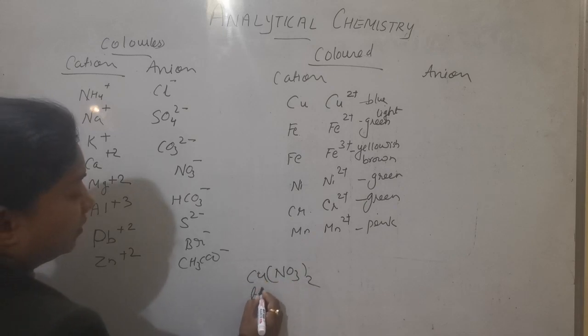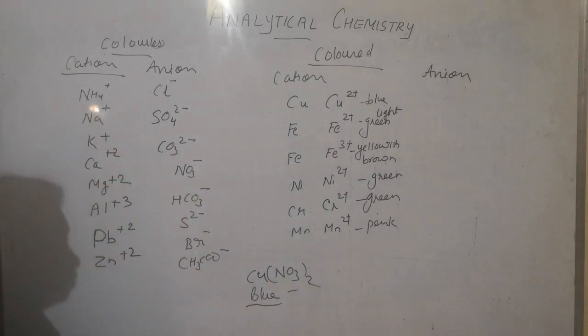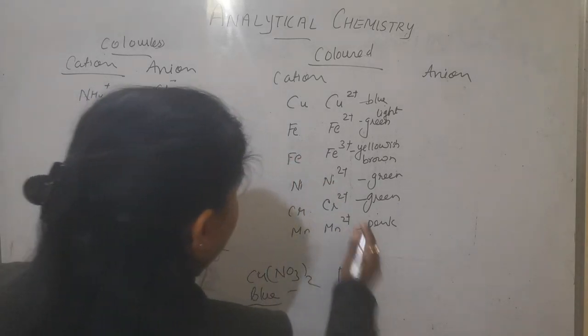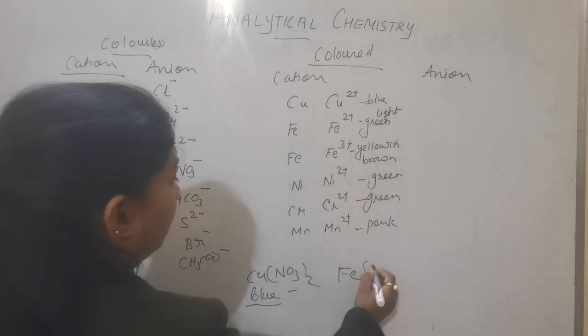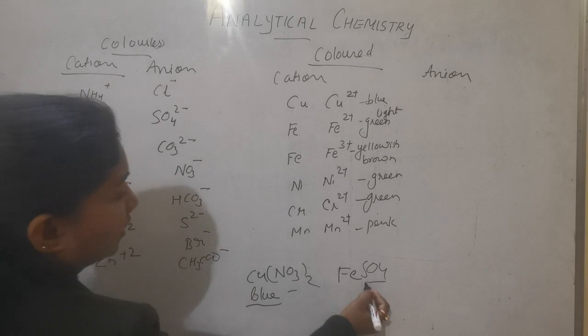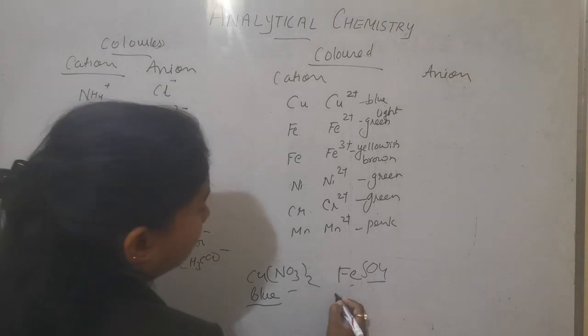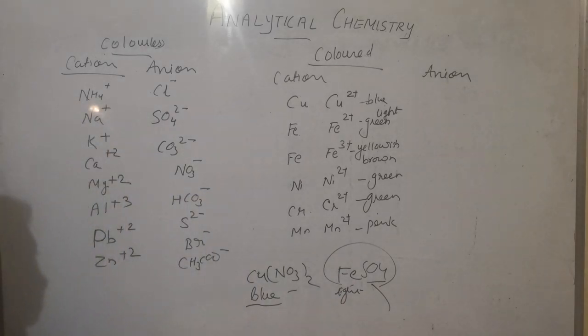So this copper has blue color, so the resulting solution will be blue in color. Similarly, if you combine this ferrous, in ferrous iron is in +2 state, so ferrous sulfate, and from this table we know that sulfate ion is colorless and this ferrous is light green in color. So the resulting solution could be light green in color.